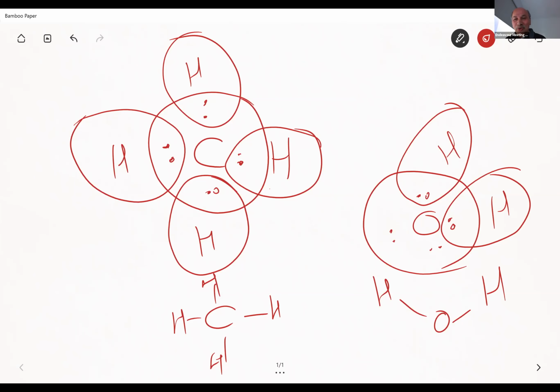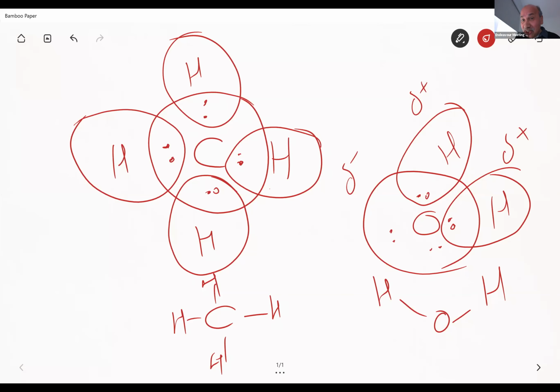So this is what you call unequal sharing of electrons. Because electrons are not shared equally, hydrogen is going to be pulled to one side, oxygen is going to pull to the other side. So that creates a partial negative, partial positive charge there. The shared pair of electrons spend more time with oxygen than hydrogen.